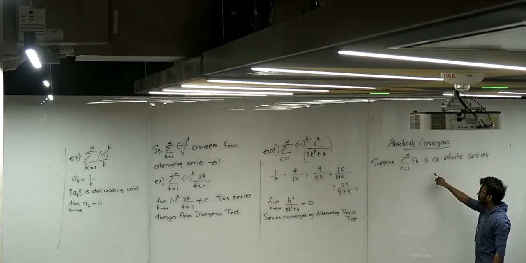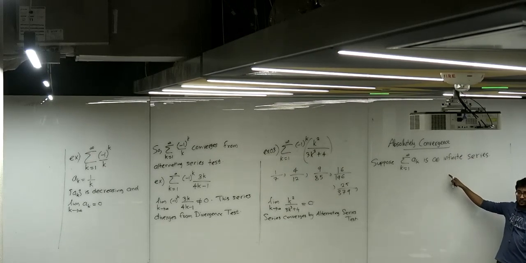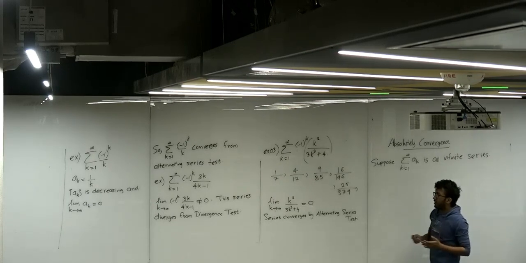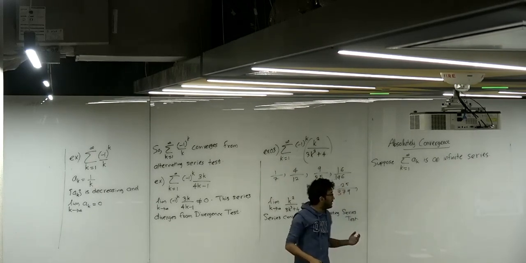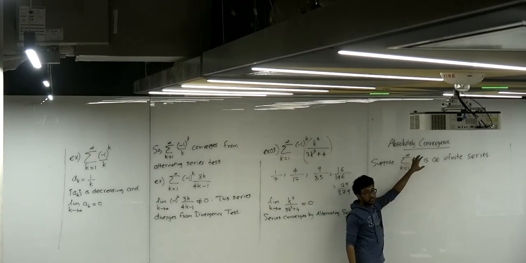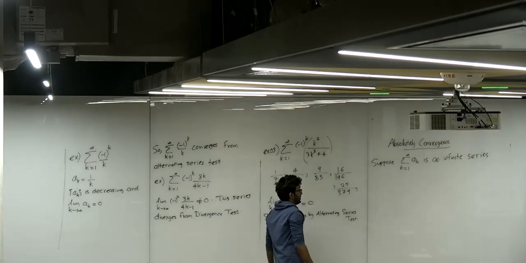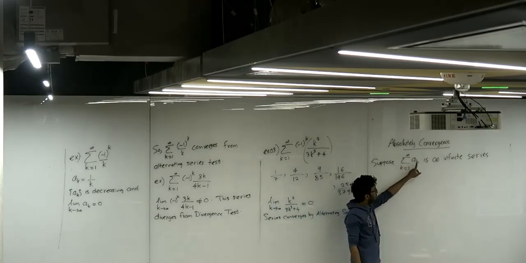Now I have not stated anything about a_k. You might remember in the ratio test and root test, we discussed that a_k should be positive. And in the integral test also, and the limit comparison test also, the terms of our series should be positive.